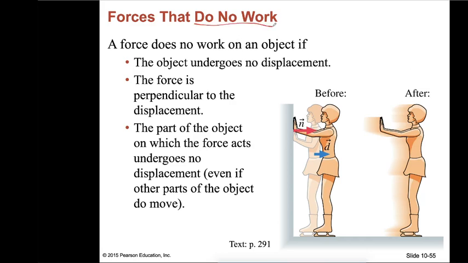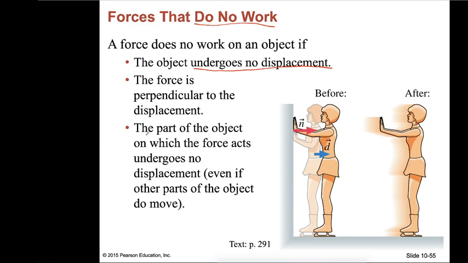Now, which type of force doesn't do work? A force doesn't do work on an object if, first, the object undergoes no displacement. Of course, if the displacement is 0, then the work is 0. Second, the force is perpendicular to the displacement. In this case, cosine theta is 0, so there's no work done on the system.